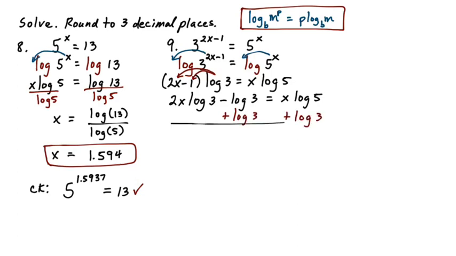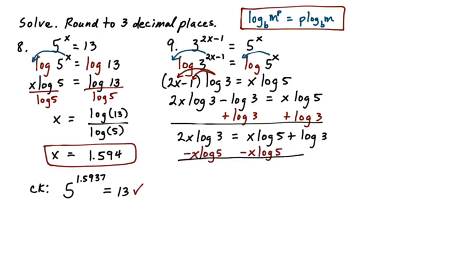So I'll add log 3 to both sides. I get 2x times the log of 3 is equal to x times the log of 5 plus the log of 3. And again, I need to get this x term on the other side. So let's subtract x times the log of 5 from both sides. And so we end up with 2x log of 3 minus x log of 5 equals the log of 3.